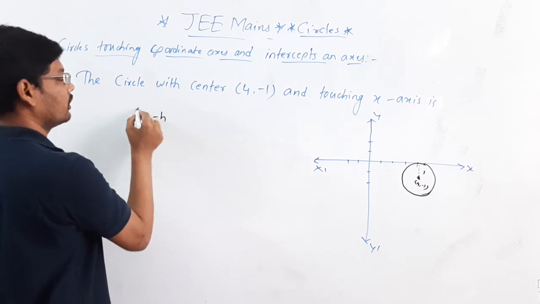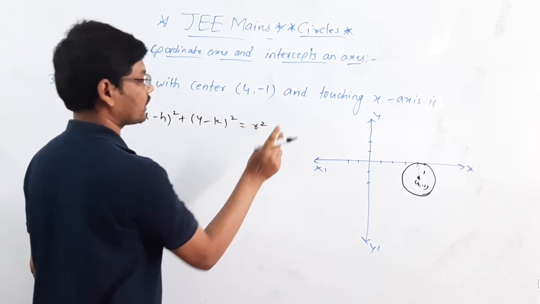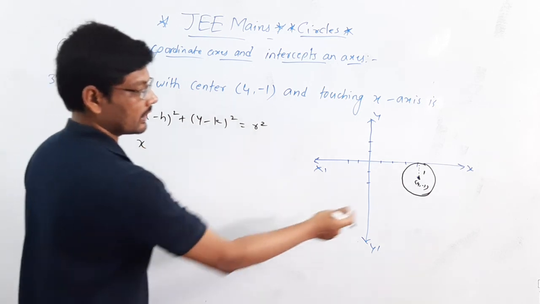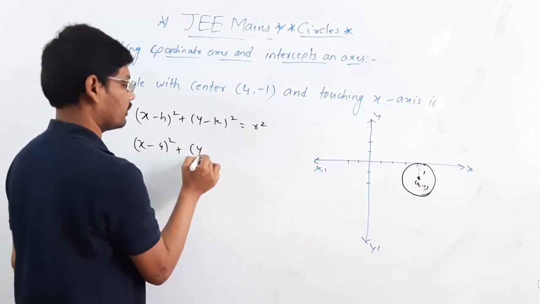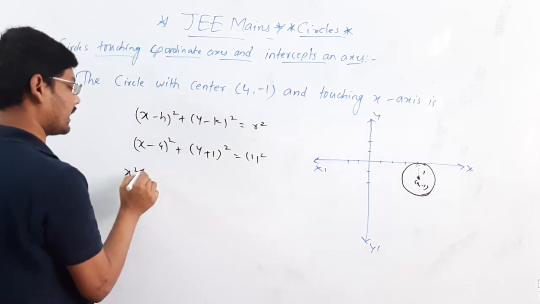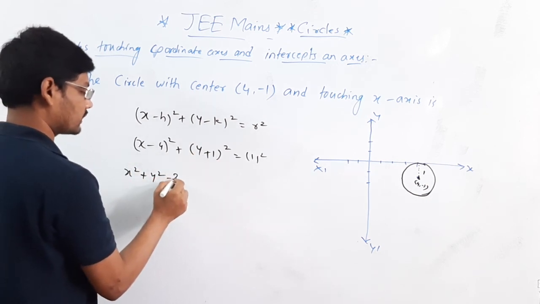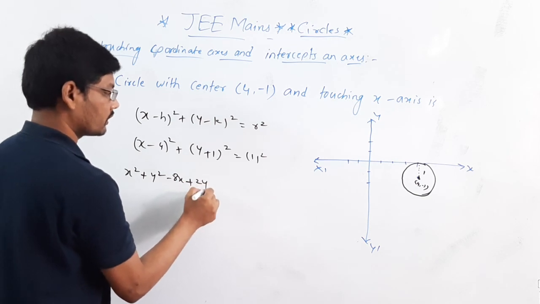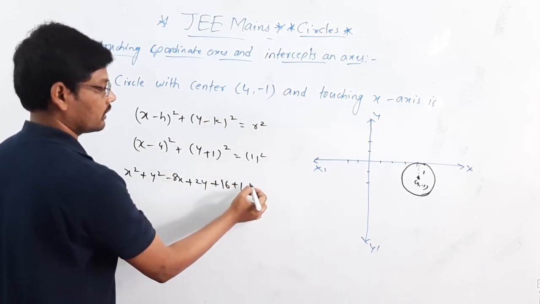x minus h whole square plus y minus k whole square is equal to r square. So x minus 4 whole square plus y plus 1 whole square is equal to 1 square. Directly writing the answer: x square plus y square minus 8x plus 2y plus 16 plus 1 is equal to 1.